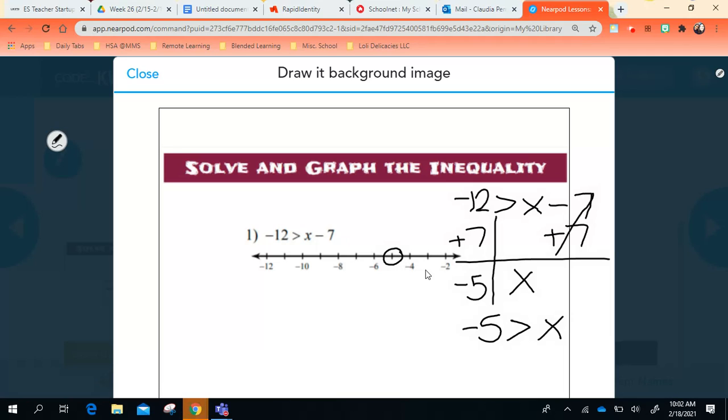So -5 is greater than x. If I were to plug in my numbers, is -5 greater than -6? Or is -5 greater than -4? -6. So that means I'm going to graph in the direction of -6.